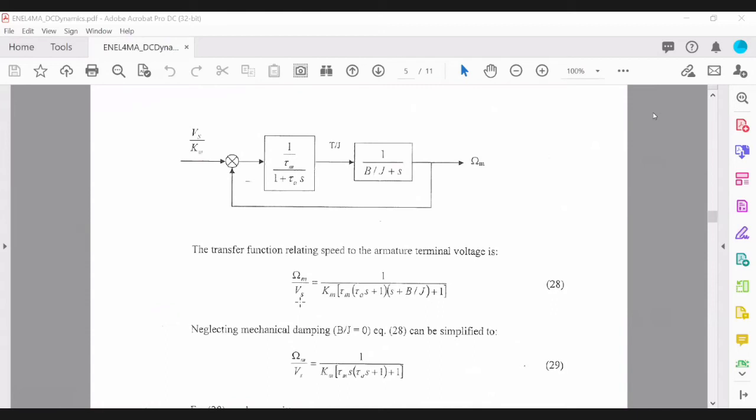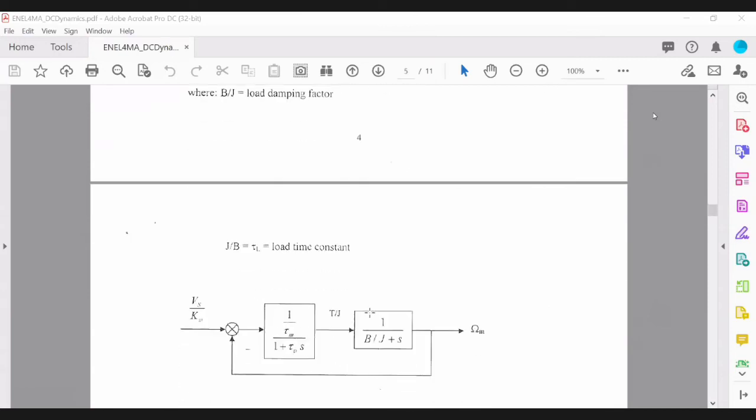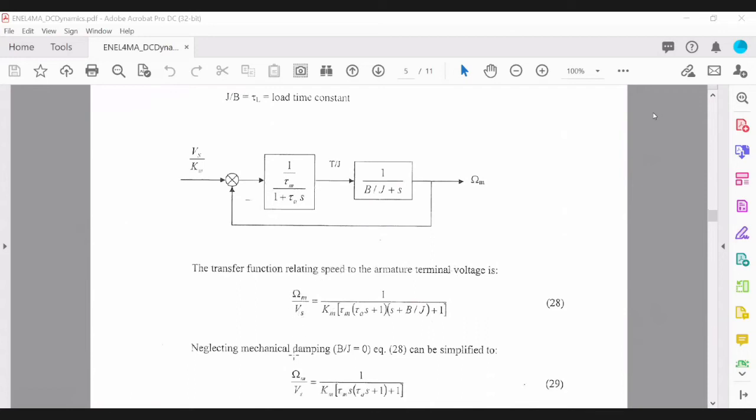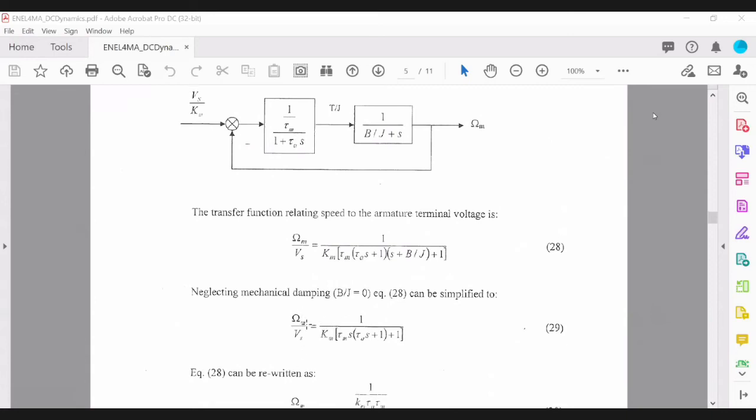If you look at the transfer function generated from equation 27, we basically get the transfer function of the speed to the armature terminal voltage, that is omega m of Vs. It gives 1 over Km tau M into tau A S plus 1, and that's the ratio of B over J. If you neglect the ratio B over J, which is the mechanical damping, to be equal to 0, it simplifies your transfer function into equation 29.